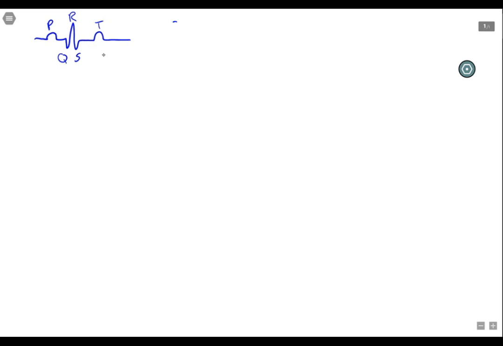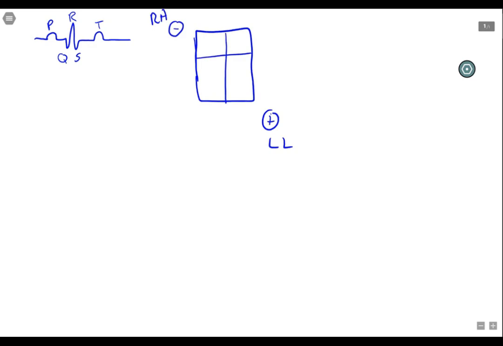So let's just take another look at our heart with our electrodes placed, and the negative is up here next to the right arm. This positive electrode's down here next towards the left leg, and our AV or SA node fired, depolarized the atria.